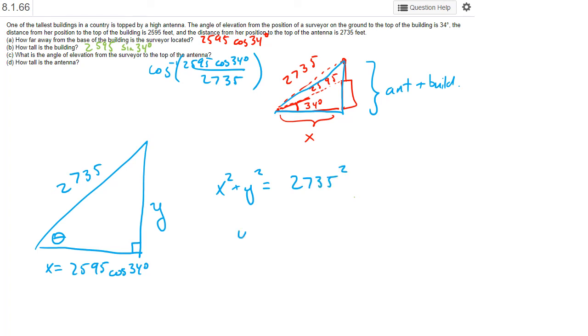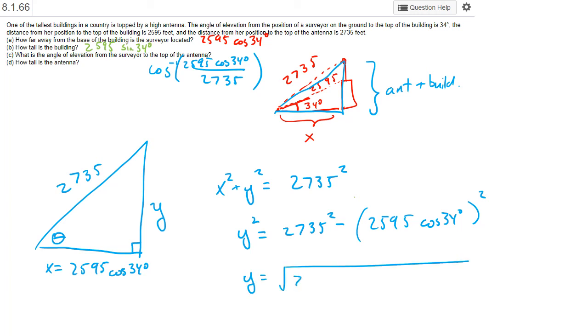X was known to be 2,595 times the cosine of 34 degrees. So y is the square root of 2,735 squared minus 2,595 squared cos squared of 34 degrees.